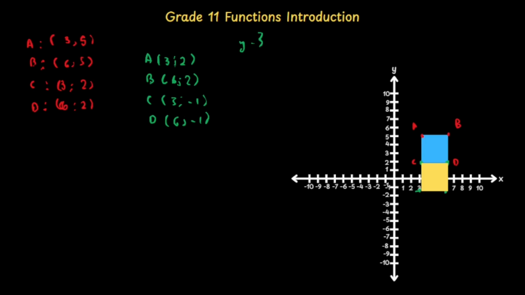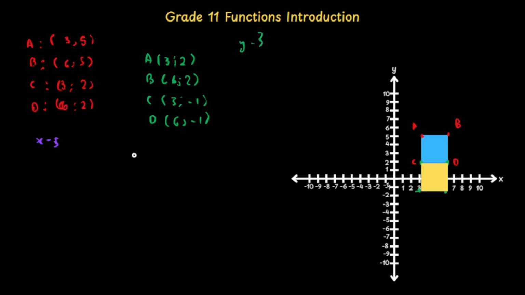Now, using that same approach, if I wanted to induce a horizontal shift, looking at the blue square, the first square that we worked with, I would have to manipulate its x values, because the corresponding axis to a horizontal shift is the x-axis.